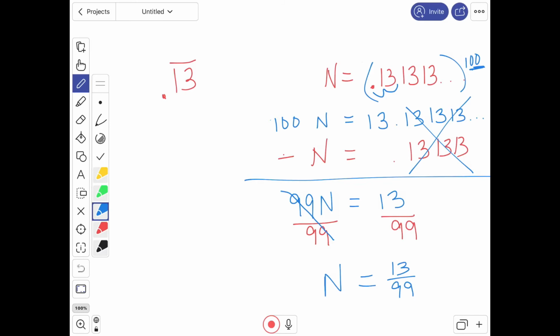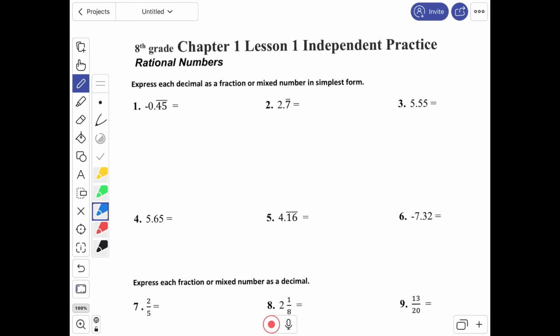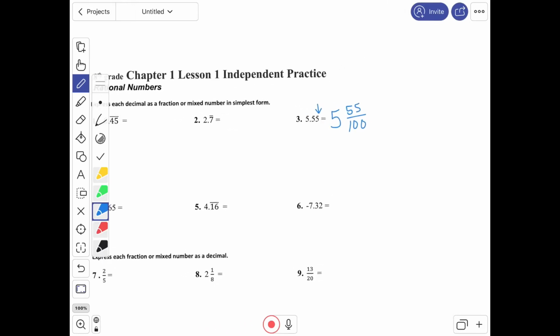Now let's try some of those examples you're supposed to be doing on your independent practice. Let's try 3 first, because 3 is not repeating. So 5 is the whole number, and that last 5 is in the hundredths place, so 55 over 100. Can't leave it like that.